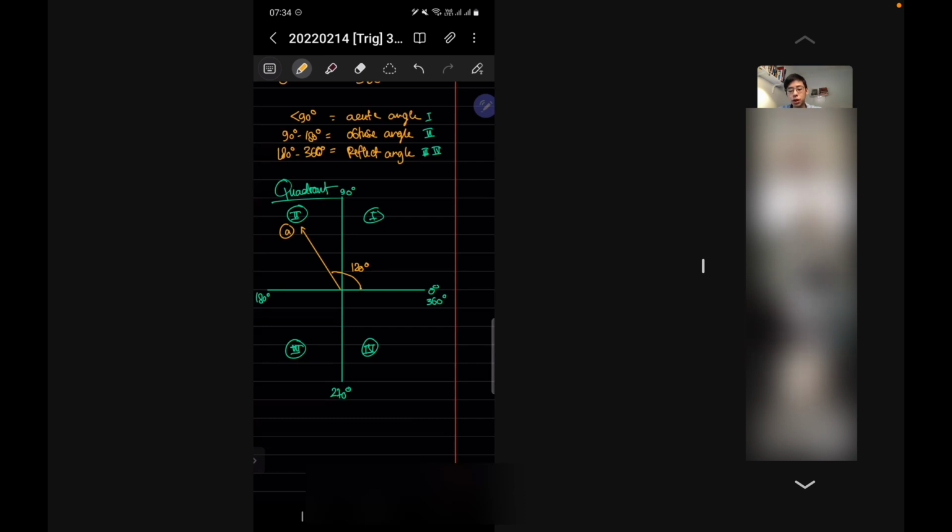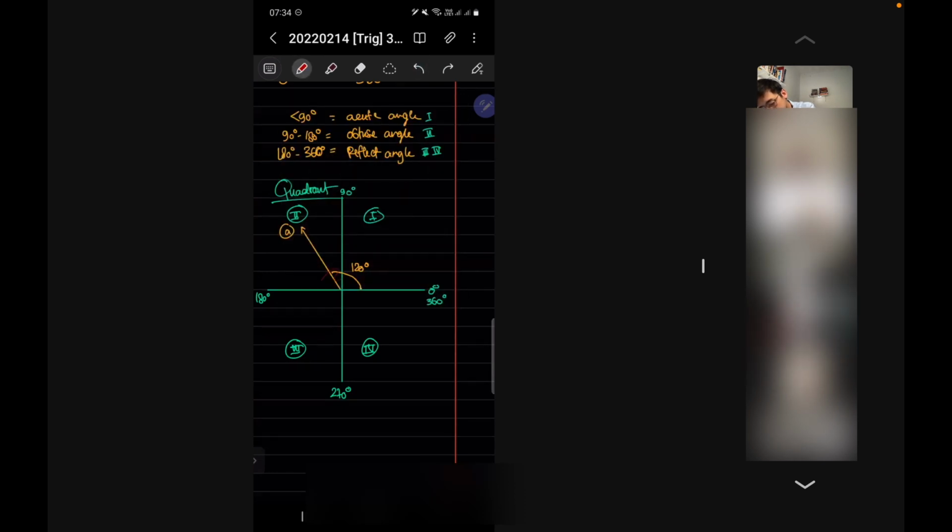You got 120 degrees, so which acute angle is equal to 120 degrees? What you do here is say that 120 degrees is equal to an acute angle of 60 degrees.